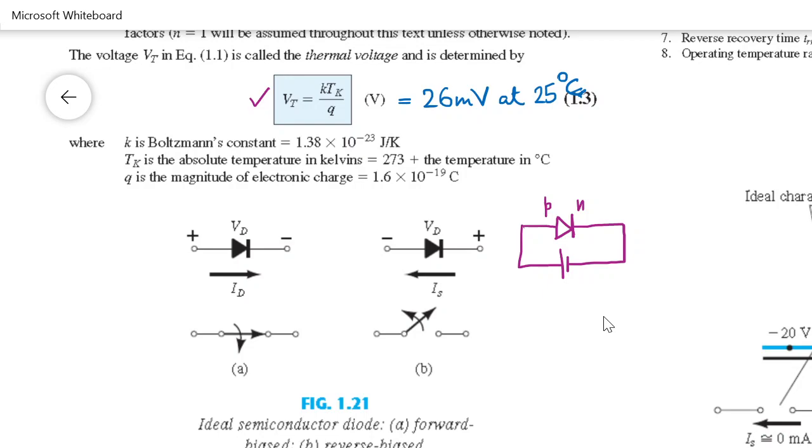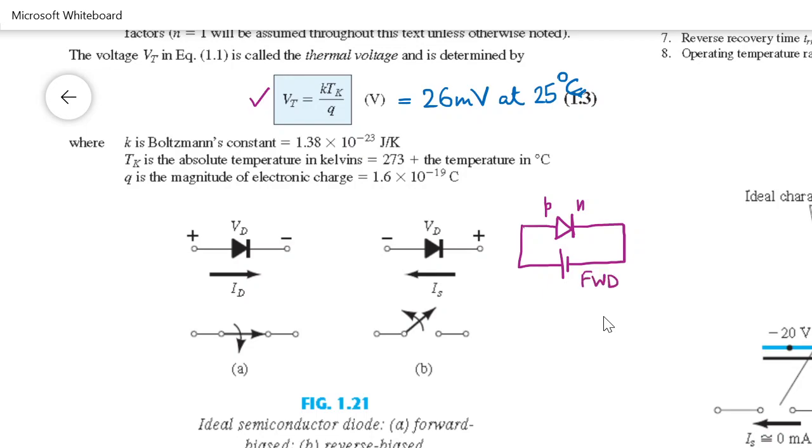So this arrow is giving you the direction of the forward bias current if the diode is biased appropriately. That would mean that this is the P side and this is the N side, and the battery positive potential should be connected on this side and the negative on this side to make it a forward bias.